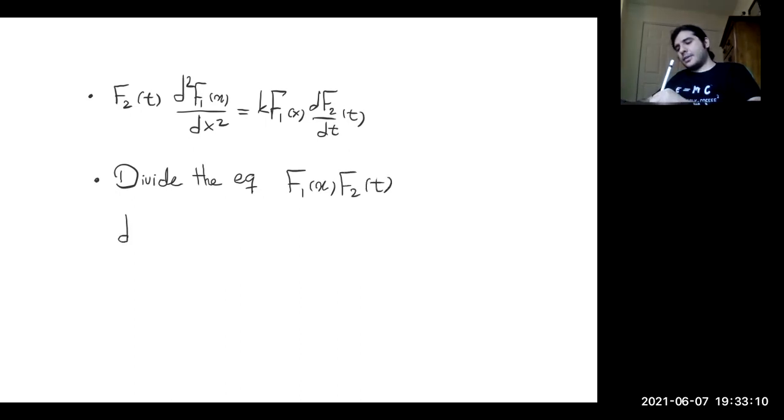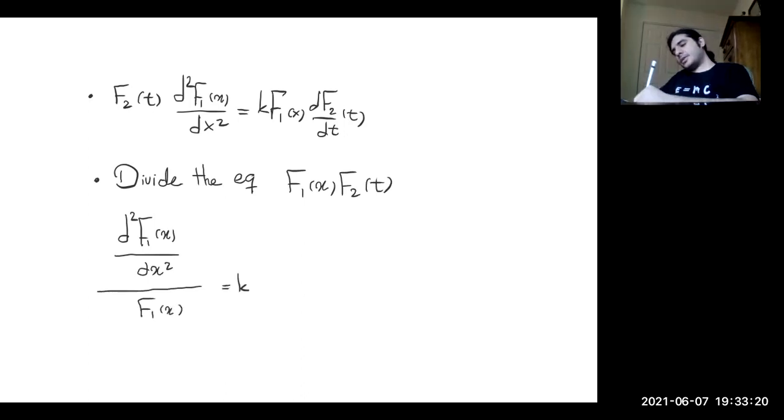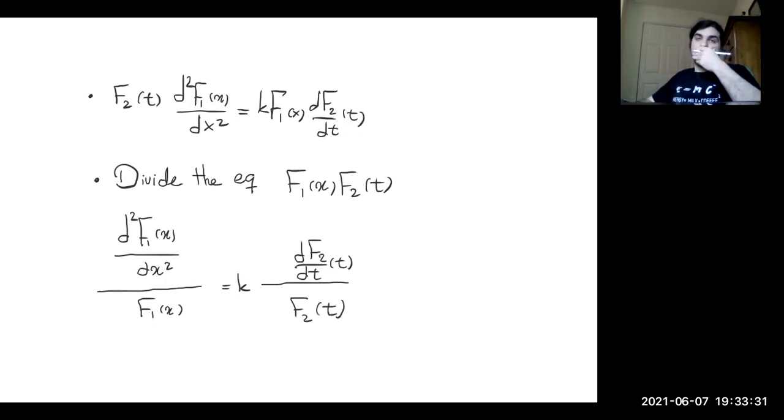The second derivative of f1(x) with respect to x over f1(x) would be equal to k times the derivative of f2 with respect to t over f2(t). Now, again, this is very similar to the previous case.